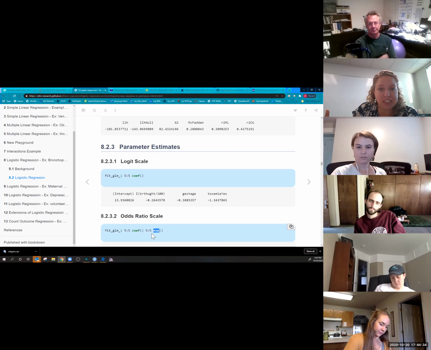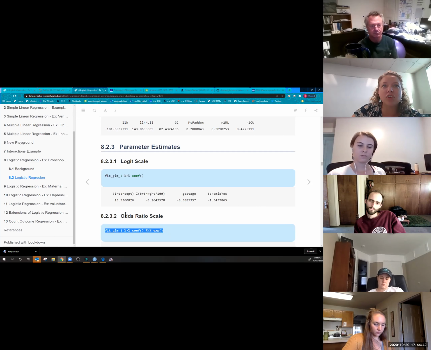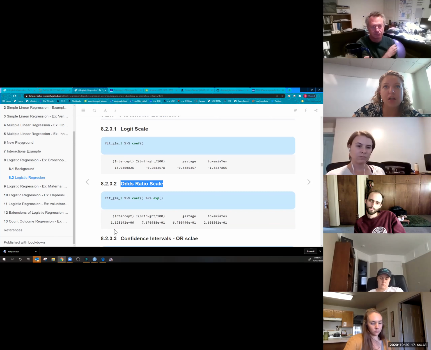So we exponentiate it is how we say it. We're going to take this model and get its coefficients, and then we are going to exponentiate them. This turns us from having the Logit scale to having the odds ratio scale. So now we've got this other set of numbers.